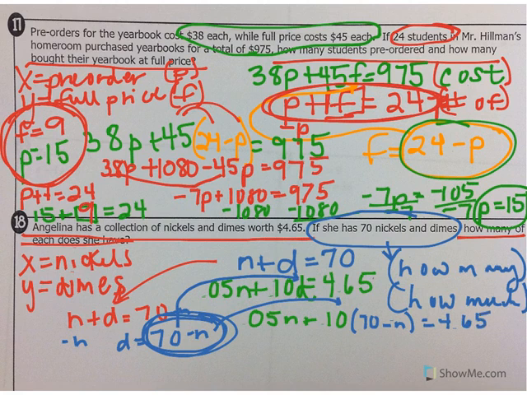4.65. So I'm going to distribute first, and remember that's not a 10, that's a 0.10. So 0.10 times 70 is going to give me a 7, and then 0.10 times n is going to give me a negative 0.10n. And then I'm just going to come down here and write down everything from the top.